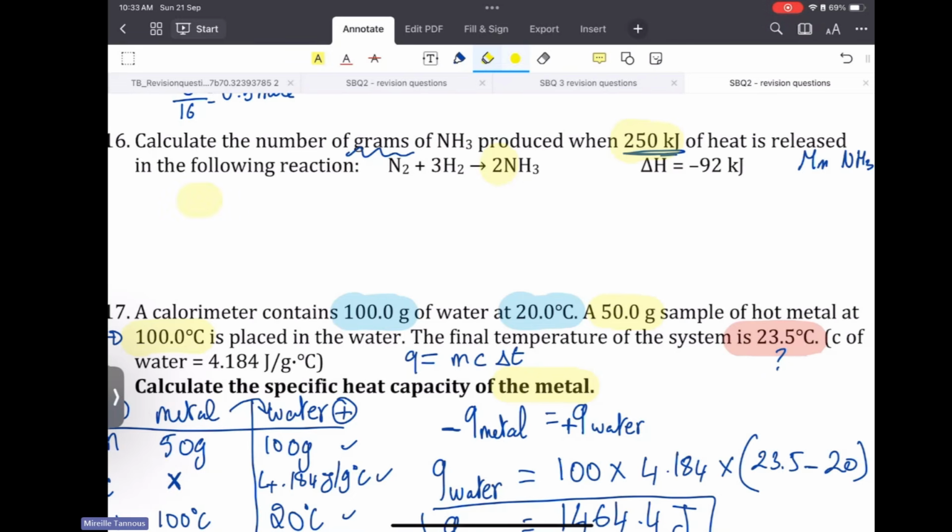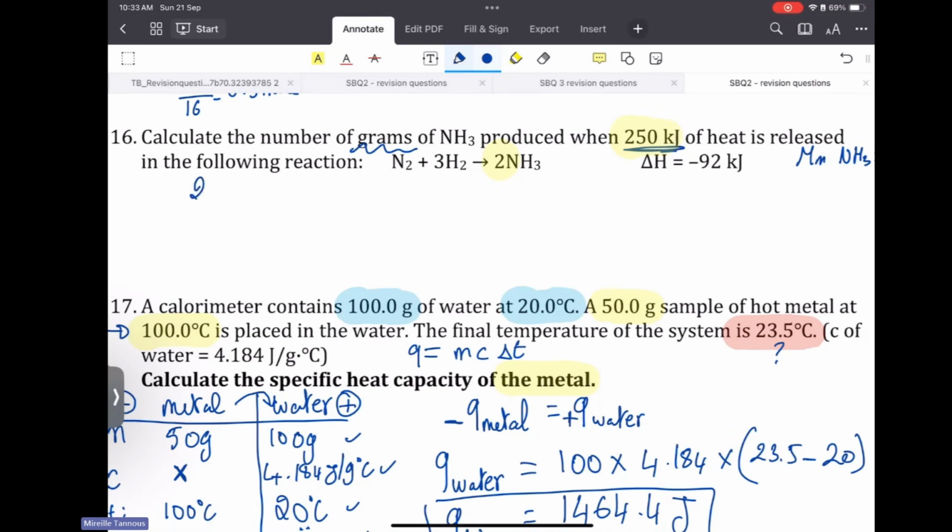Let me put it over here and simplify it. So to form 2 moles ammonia, they released 92 kilojoule. Now, produced means released. Now the question is telling you it produced 250 kilojoules. So that would be equivalent to how much moles of ammonia?